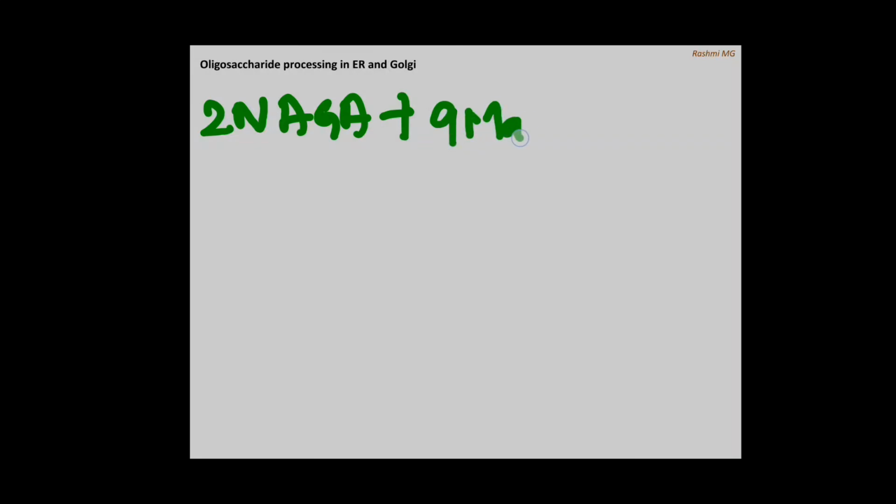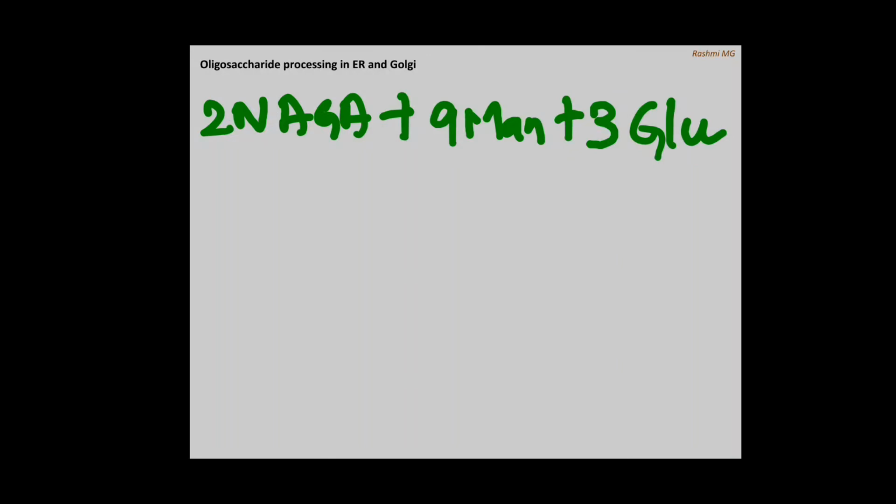Yes, how many N-acetyl glucosamine, how many mannose, how many glucose were there? So to remember, there were 2 N-acetyl glucosamine plus 9 mannose plus 3 glucose, right?